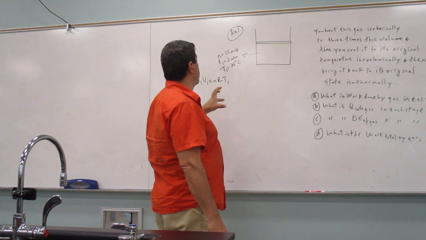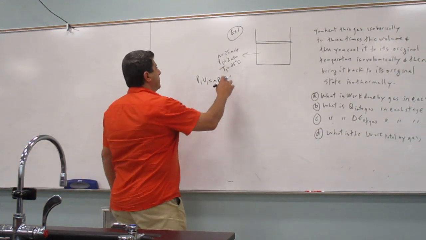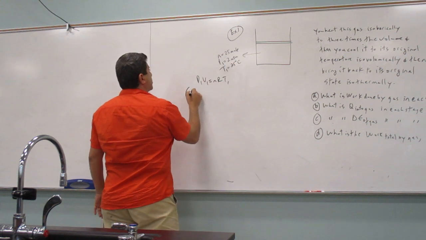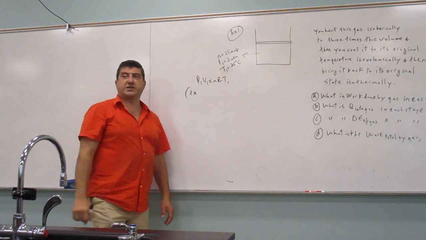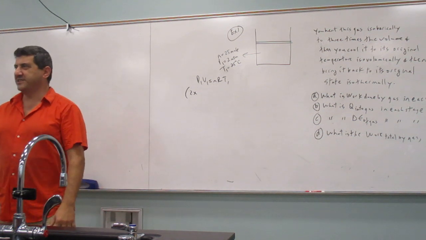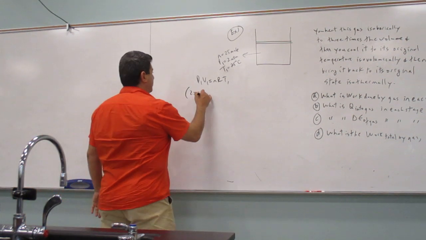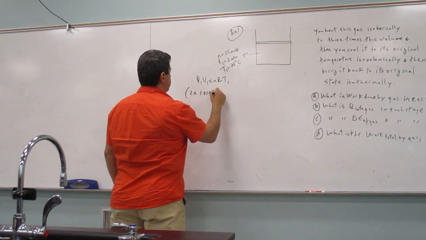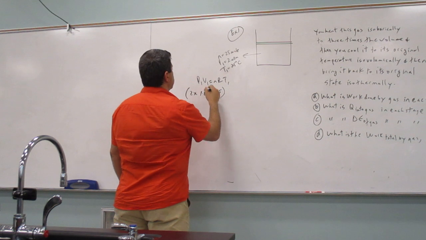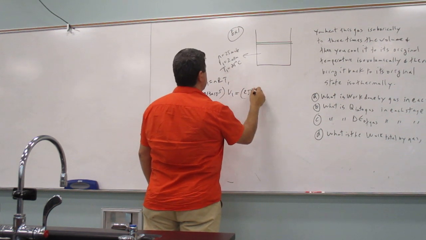But since I prefer the work in pascals, I'm going to convert. So I'm going to say pressure is 2 atmospheres. Remember what 1 atmosphere was? Now we go all the way back to chapter 14, 1.013 times 10 to the 5th. Then the original volume, we don't know. Number of moles, 25.